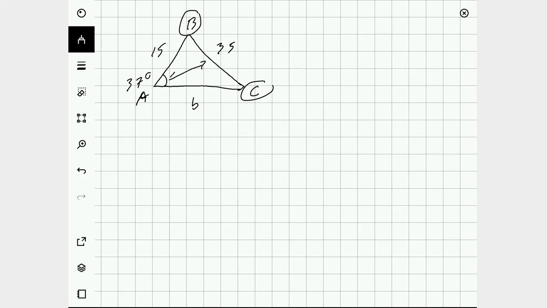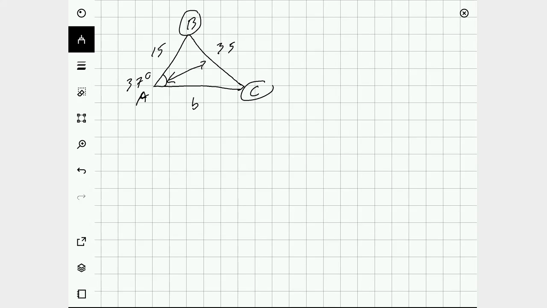Once again, because we have an SSA triangle, it is guaranteed that we're going to have a situation where we have a side and the angle opposite it both known. And when we have a side and the angle opposite both known, we use the law of sines.